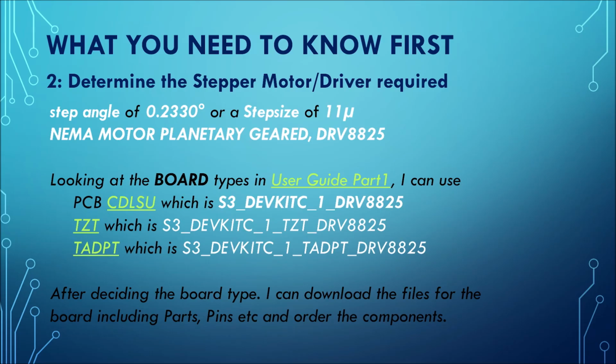And I'm choosing the PCB because this is going to be in a remote observatory, and I don't want any of the pins working loose, etc. on the TZT or the T adapter board. So I can go ahead and order the PCB, and I can go ahead and order all the parts now. But what we can't do is actually decide on the stepper motor, because we haven't done any hunting for the right stepper motor. So we'll do that now.